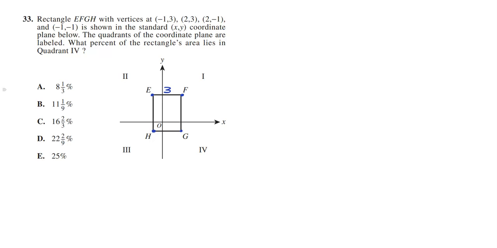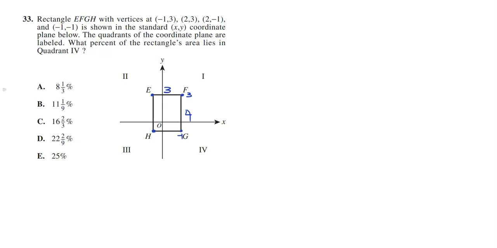So we found the width. Let's find the length or the height here, of the rectangle, sorry. At this point, this is going to be 3. This is going to be -1. So this is going to be 4 units.